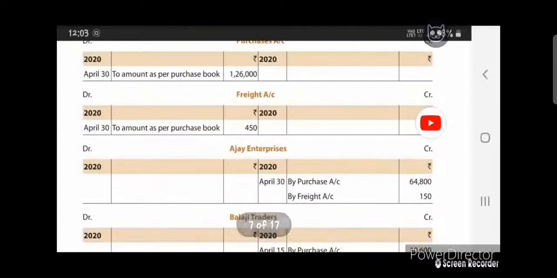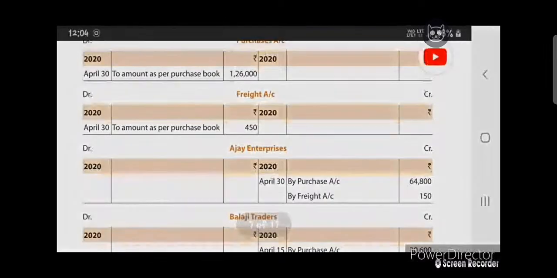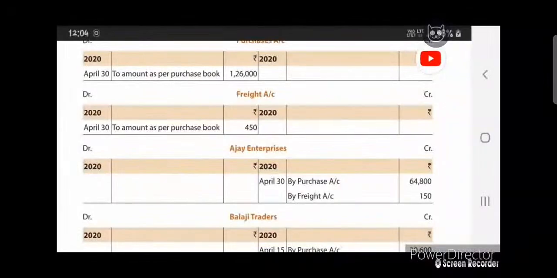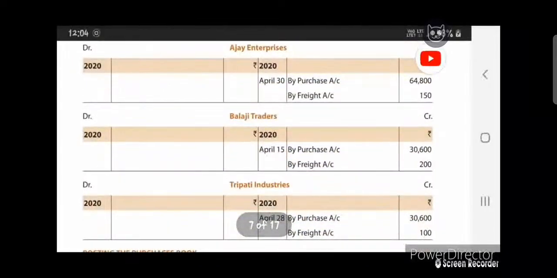Next is Ajay Enterprise. You are giving credit on 2020 April 30, by purchasing account 64,800 is credited, and by freight account 150 rupees is credited. Next, for Balaji Traders, on 2020 April 15, by purchasing account 30,600 is credited to them, and by freight account 200 rupees is credited to them.